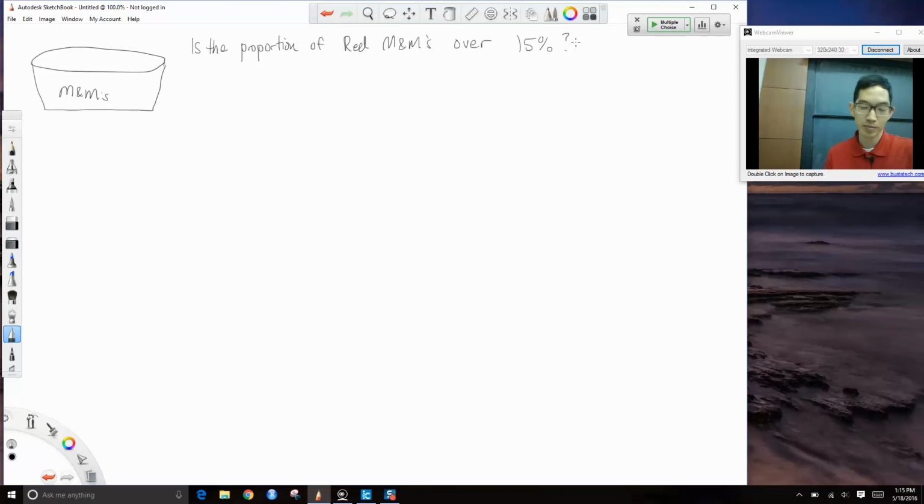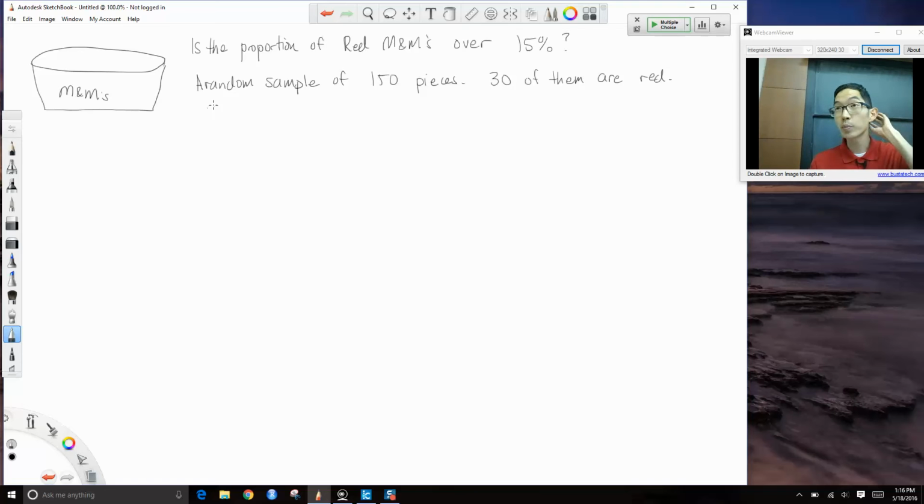So we get a random sample of, I don't know, 150 pieces. Let's say 30 of them are red. So our sample proportion would be 20%.